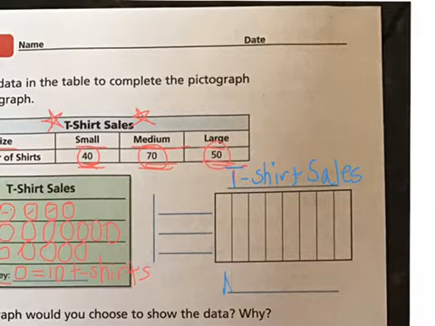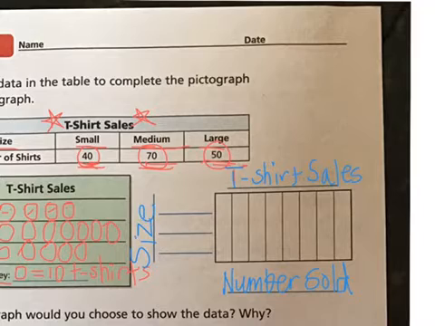So this is number of t-shirts sold. And on the side, these are the sizes of t-shirts: small, medium, and large. You can abbreviate those just like I did.